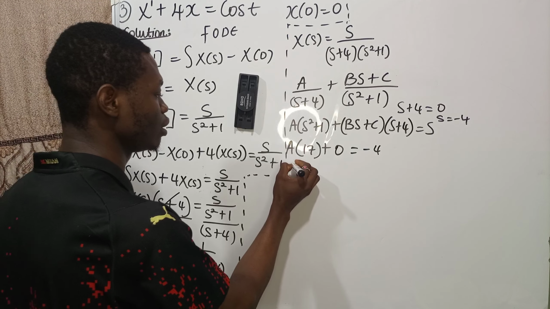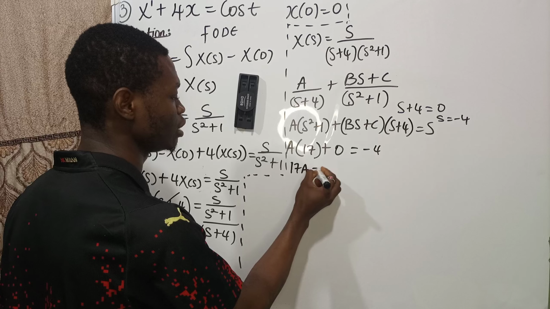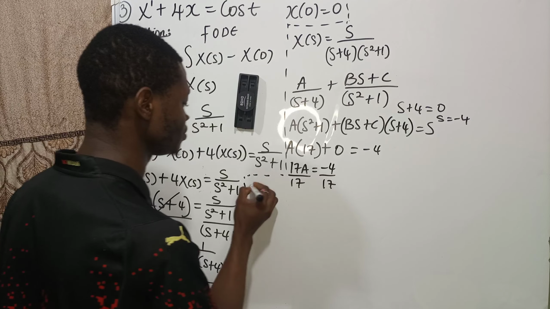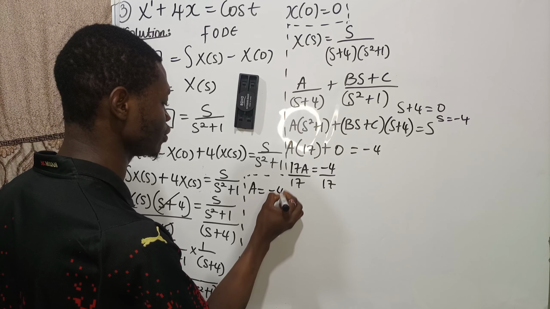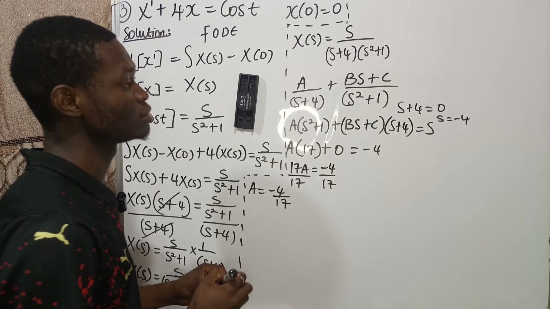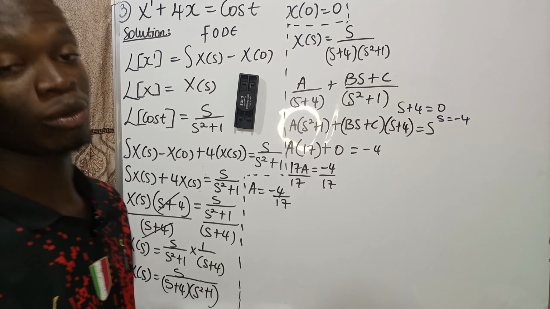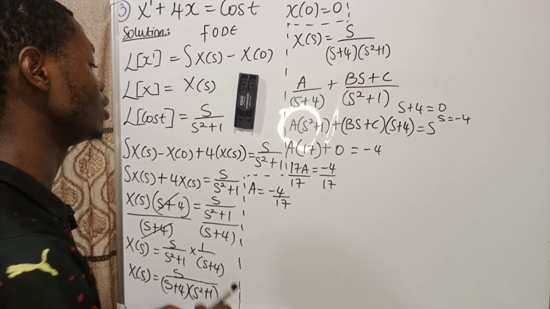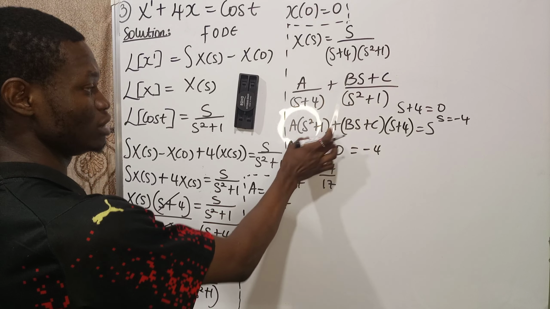So we have 17A is equal to minus 4, over 17. Our A is equal to minus 4 over 17. Now, we cannot say this one equals 0 because it is not repeated. So we are going to do the same thing here.